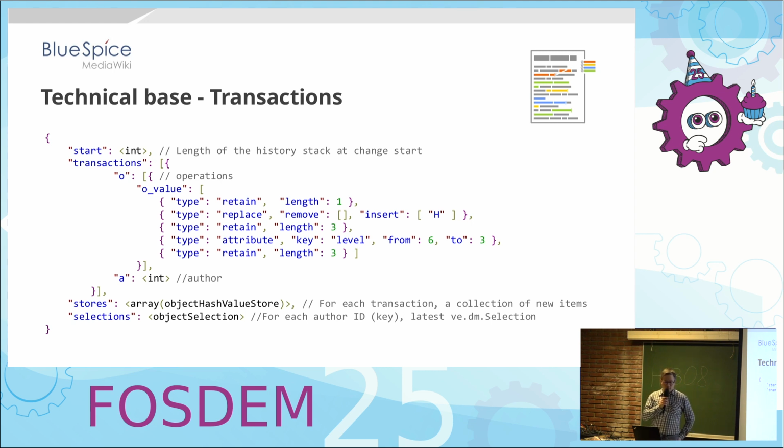And also there are the stores. The stores are very important for anything that is not part of the actual document, but some external resource. For example, templates. Templates are a way in MediaWiki to include content from other pages. These are in those stores, and the information about them also needs to be transferred in a proper way.